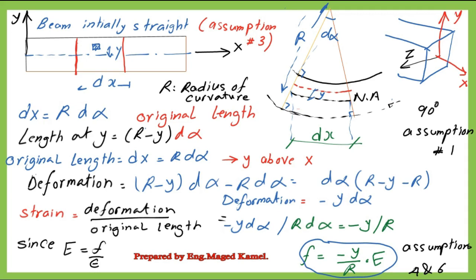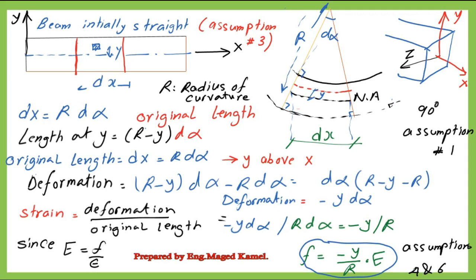The deformation is extension or compression. For this case, we are above the neutral axis, so the deformation will be negative. We have (r minus y) multiplied by d alpha minus r d alpha; the r d alpha terms cancel each other, and we are left with minus y d alpha.